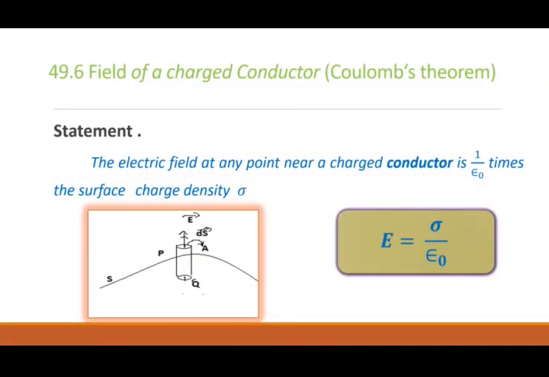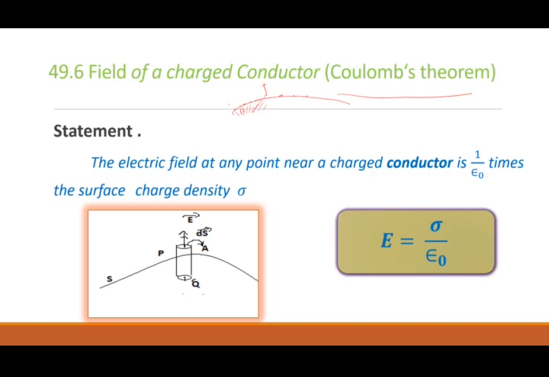Now we will prove something called Coulomb's theorem. You should differentiate this from Coulomb's law. Here we will prove that whenever you have a conductor, just outside the conductor, what is the field? This is a charged conductor, therefore charges remain on the surface only, and inside there should not be any charges.